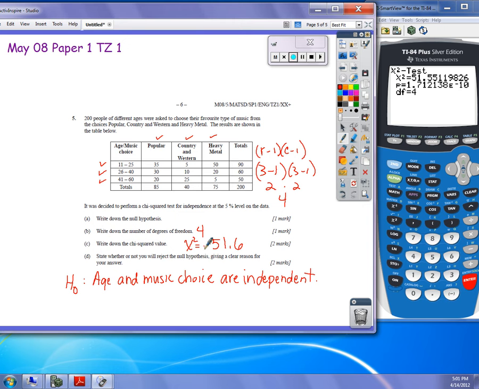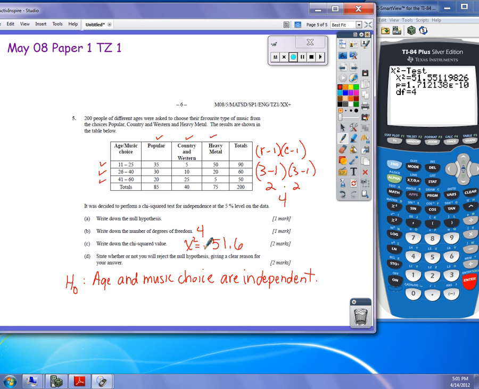And then it asks in part D for a reason, and what we would want to do is look at the chi-squared table value, and look, there's degrees of freedom right there, so you don't even have to bother calculating it since you're going to put that into your calculator anyway.